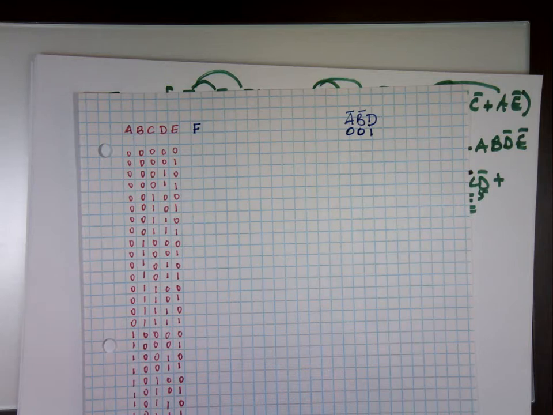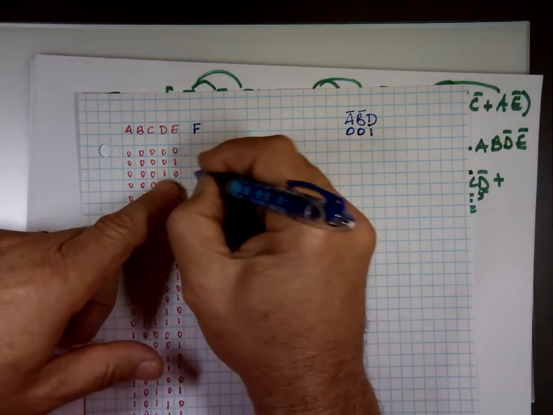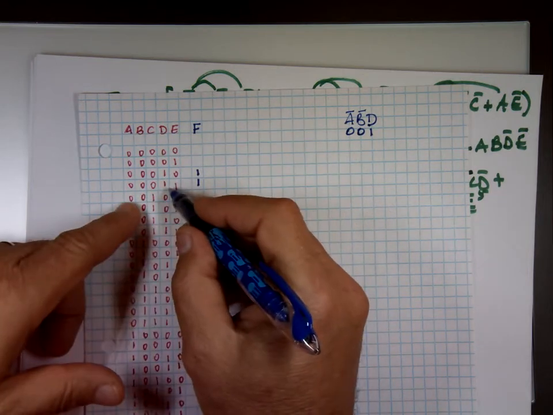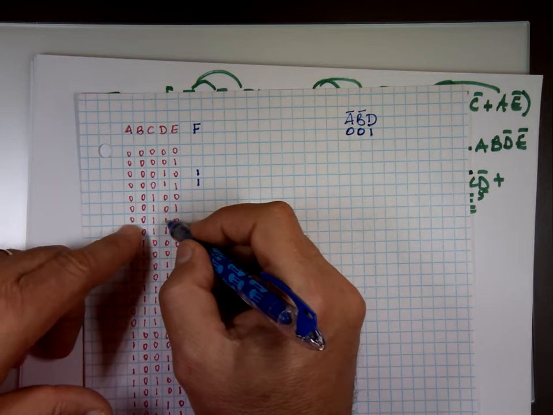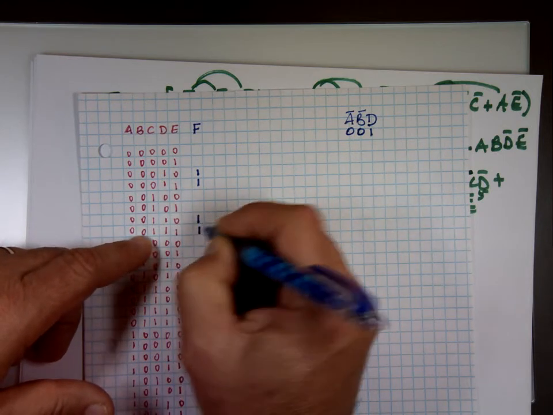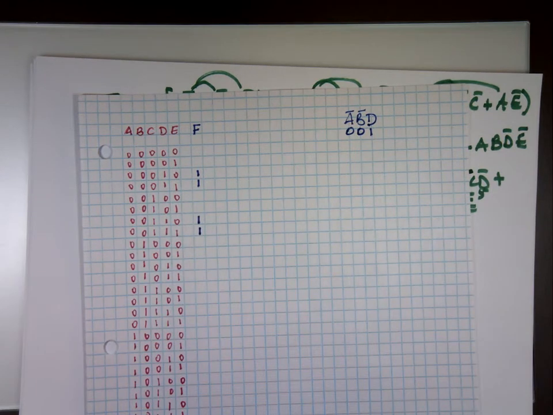It looks to me these two. And it looks to me these two. So we'll have a value of 1 when A is 0, B is 0, D is 1.